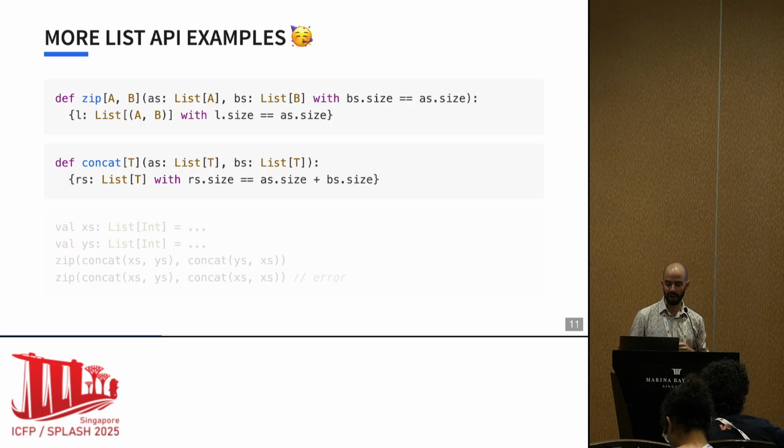We could also define the type of concat that concatenates 2 lists together, for example. Here the result has the size of the sum of the sizes of the arguments.